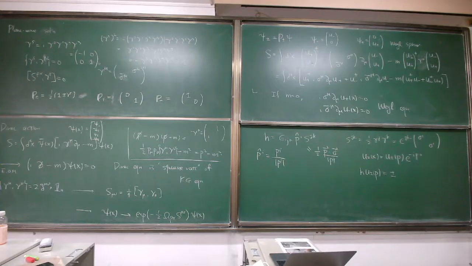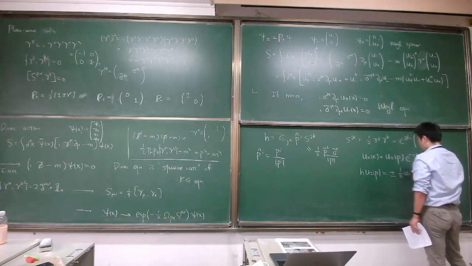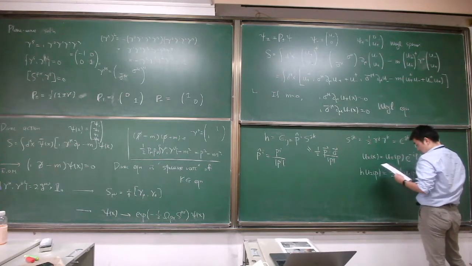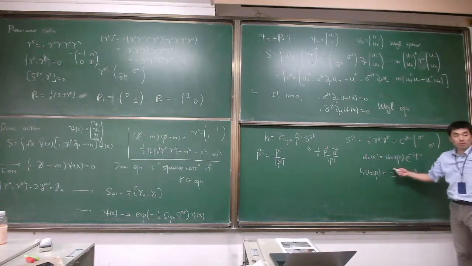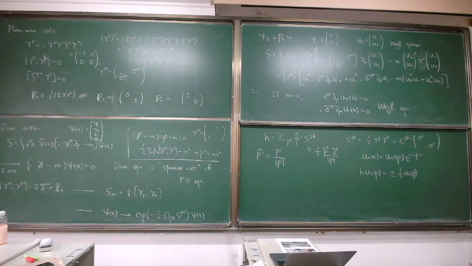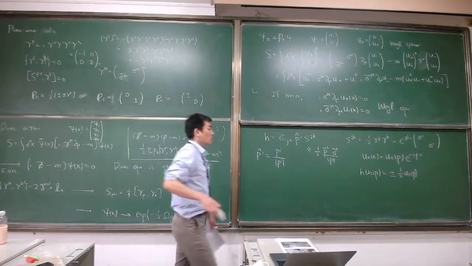Sorry, I just got confused. I will explain why it should be plus or minus here, and how the helicity operator acts on this u plus minus.